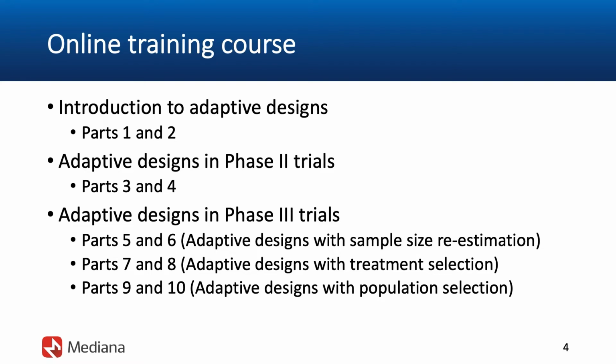The next two parts, parts 3 and 4, provide information on adaptive designs that are employed in phase 2 trials. And the rest of the material, the remaining 6 parts, are devoted to adaptive designs that are employed in phase 3 trials. We'll discuss most commonly used, most popular types of adaptive designs, such as adaptive designs that support sample size re-estimation, treatment selection, and finally, population selection.